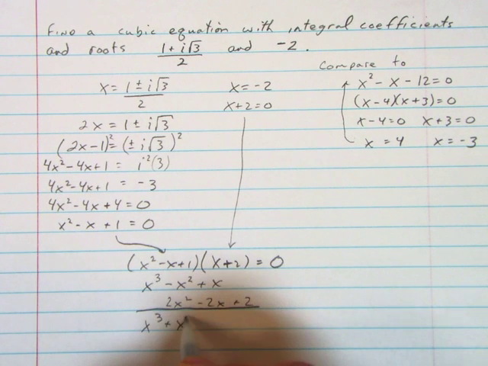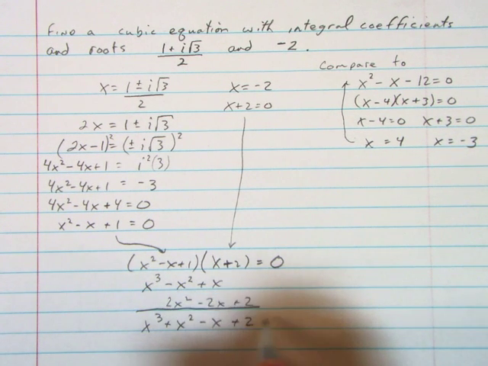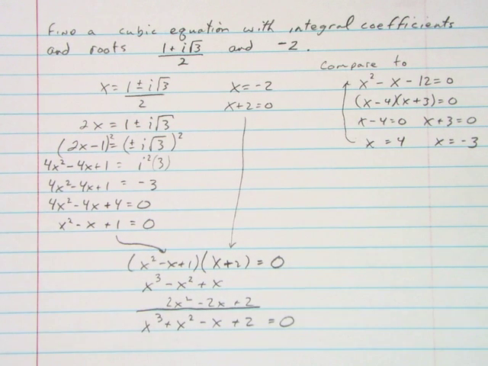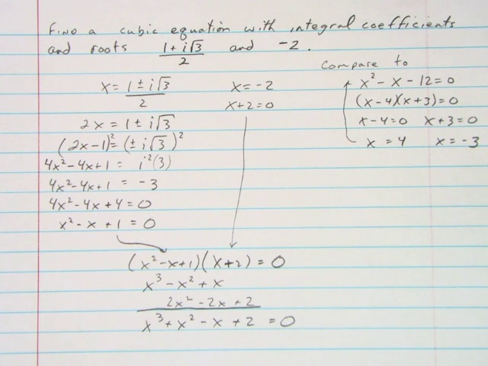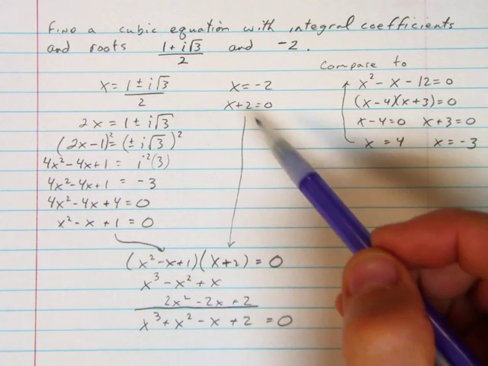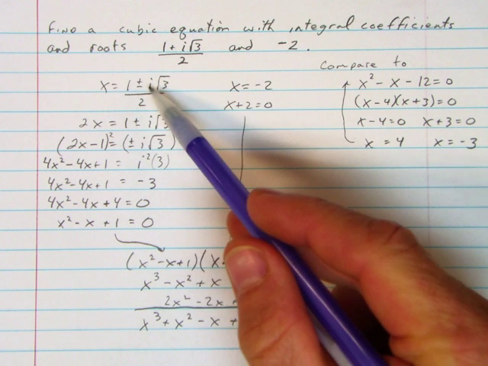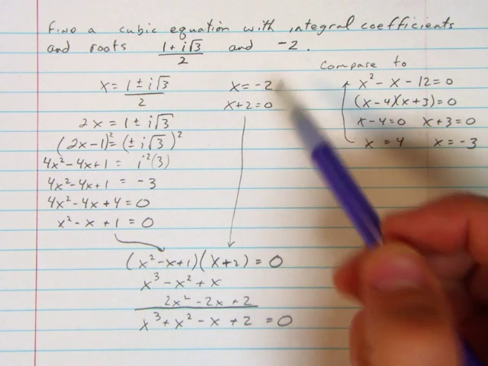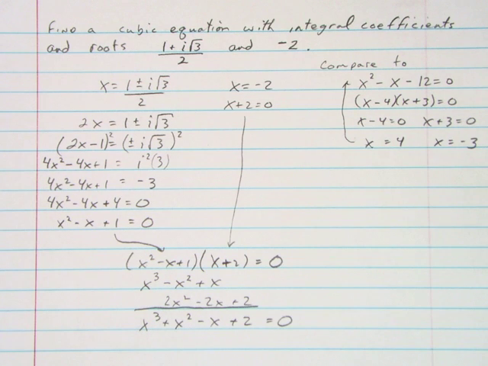Combined, x cubed plus x squared minus x plus 2 equals 0. And that is our cubic equation. If we were to go through the process to solve this problem, we would end up getting these solutions of 1 plus or minus i root 3 all over 2, and then negative 2. And that's it.